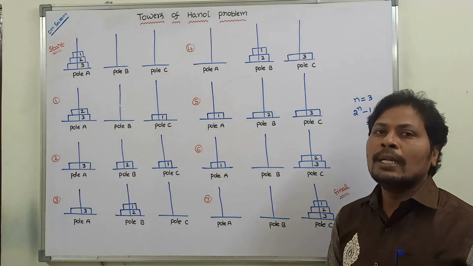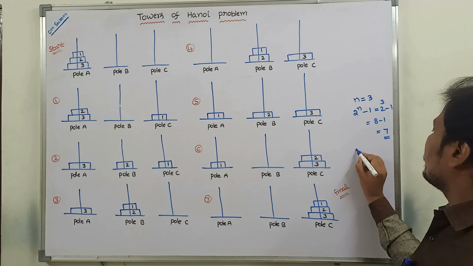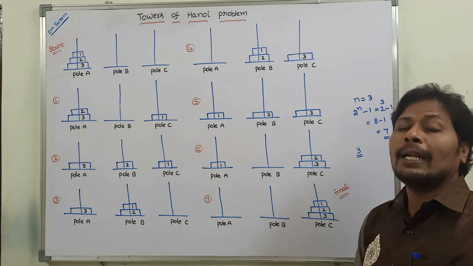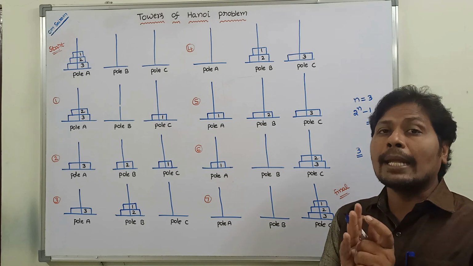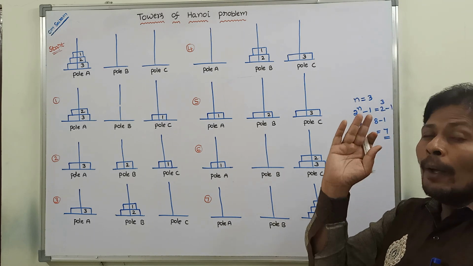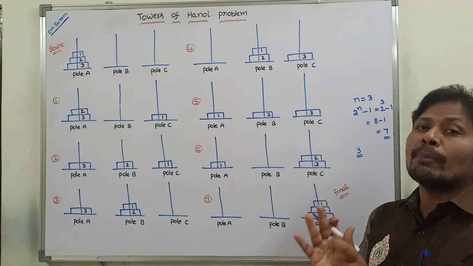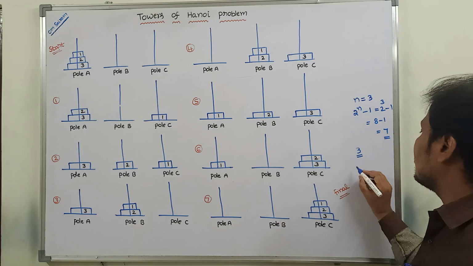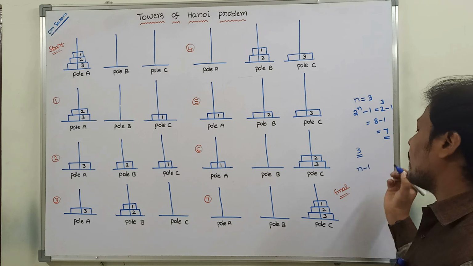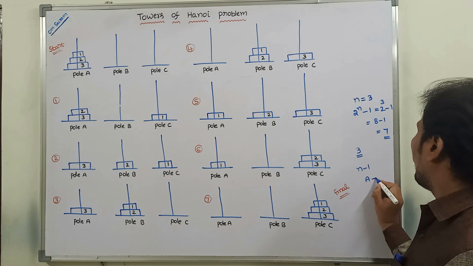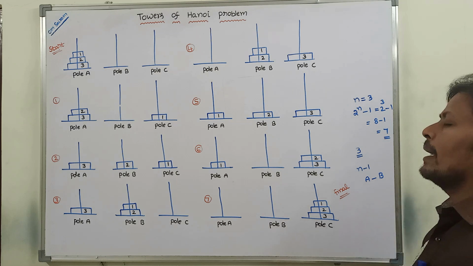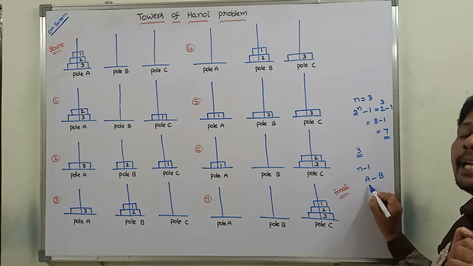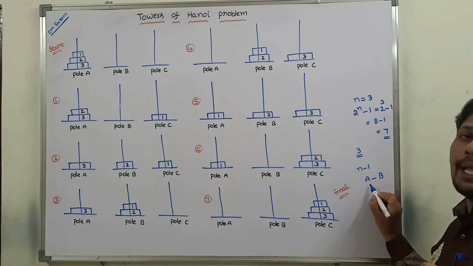Among the 7 moves, the first 3 moves are required to transfer n minus 1 discs from pole A to the intermediate pole, that is pole B. So here pole A is the source pole, where 3 discs are placed.